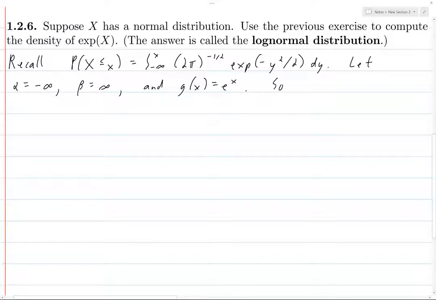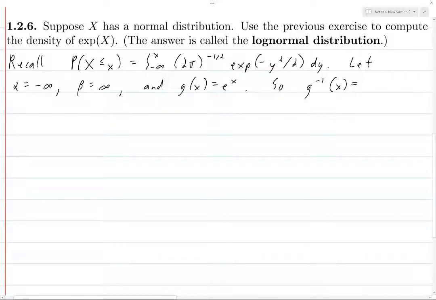So what do we have? In order to apply the exercise, we need g inverse of x.